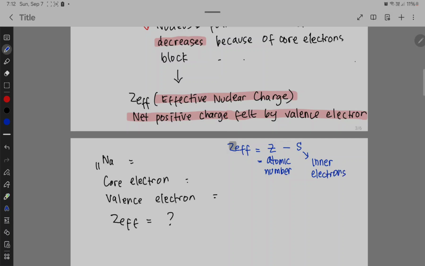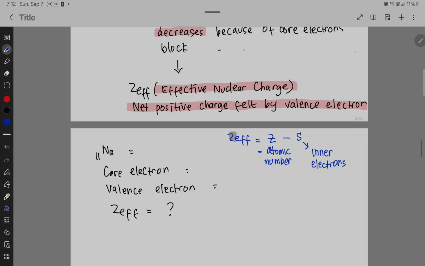So let me give you an example. Sodium, the configuration of sodium is 1s2 2s2 2p6 3s1, right? So the core electrons are 10, the valence electron is 1. So what is Zeff? Zeff is Z minus S. The atomic number is 11, the inner electrons are 10, so the Zeff is only 1.